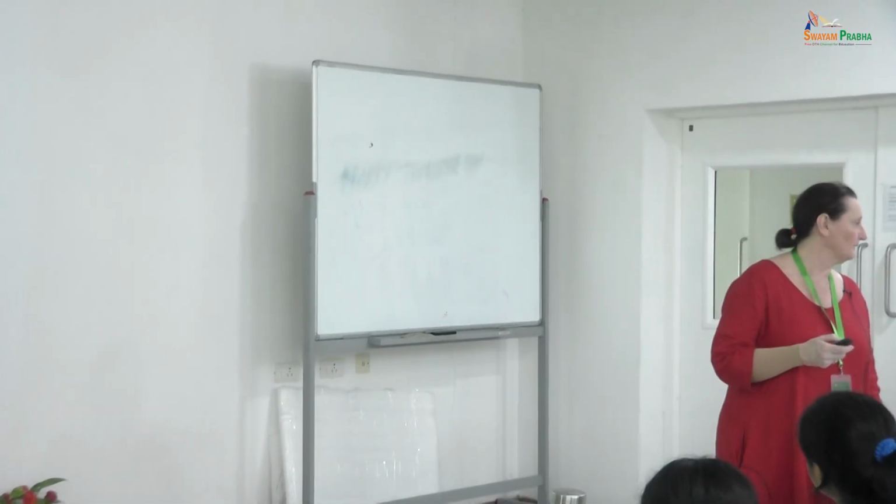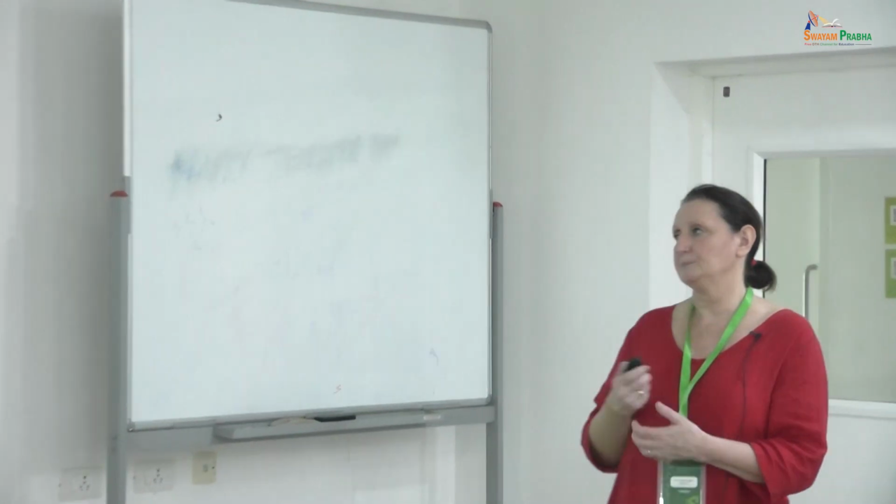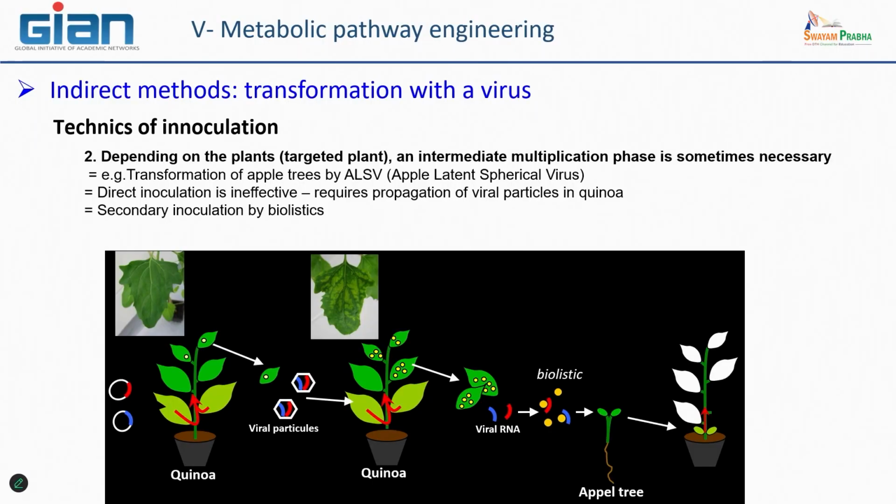I think it is possible to find this type of symptom also here in different plants. It is quite difficult to infect an apple tree directly with a virus particle, because we need a large amount of particles, as this plant is not so sensitive to the virus. Perhaps the plant has its own defense mechanisms that can limit the proliferation of the virus.